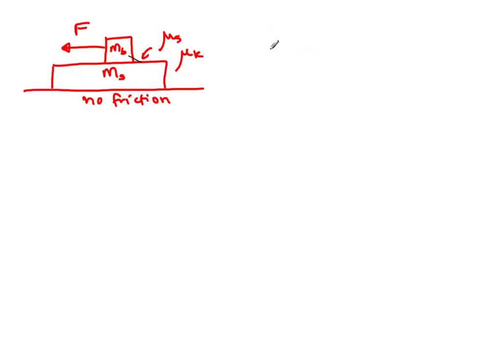So let's look at the free body diagram of the block. So we have mass of the block times gravity. We have a normal force on the block. We have this force here going to the left, the pulling force, and we know what that is. And we have friction force going to the right.